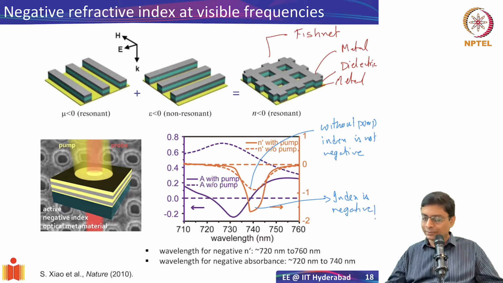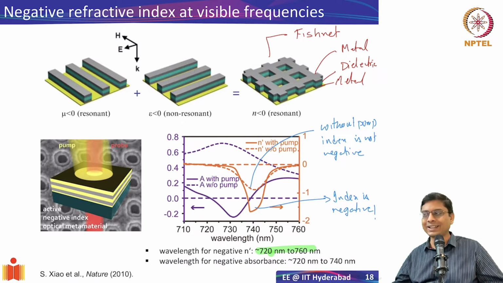Okay, so they were able to demonstrate negative refractive index in the range of 720 to 760 nanometers. And this was one of the remarkable demonstrations. I was personally there around the time this was finishing, and it was quite an intense experimental effort to actually show it. It was not that easy.